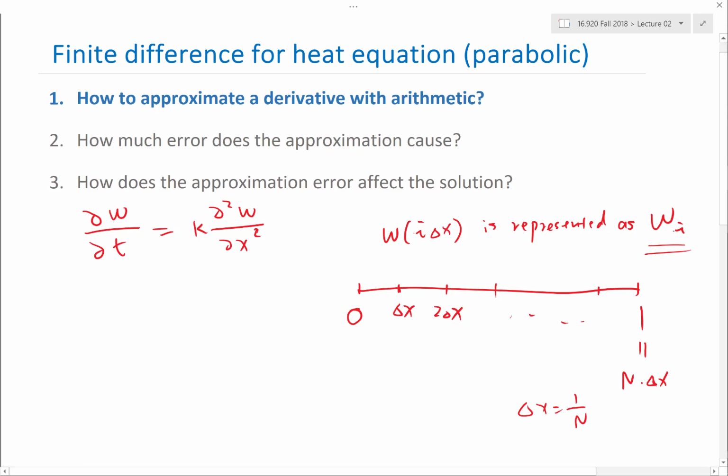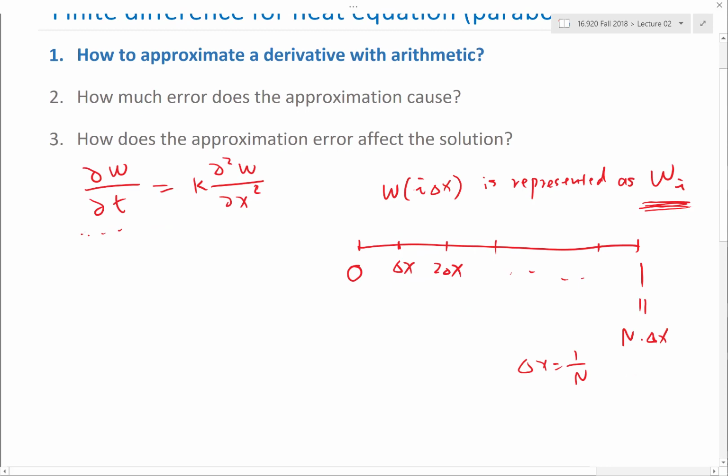So if we only care about these W_i's, then we also would only care about the derivative of W at these grid points. So basically, the derivative of W_i with respect to t is actually equal to the partial derivative with respect to t of W at x equal to I delta x, right?